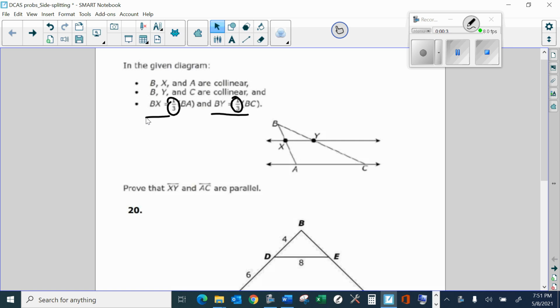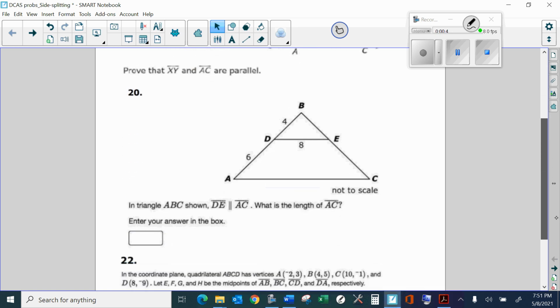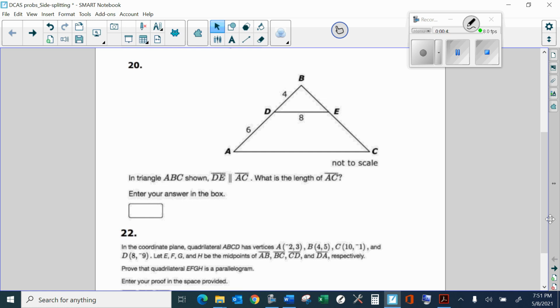That's all you have to say. So the key is you have to say it divides both sides into the same ratio. Then it's parallel. All right, here it's telling me that it's parallel.